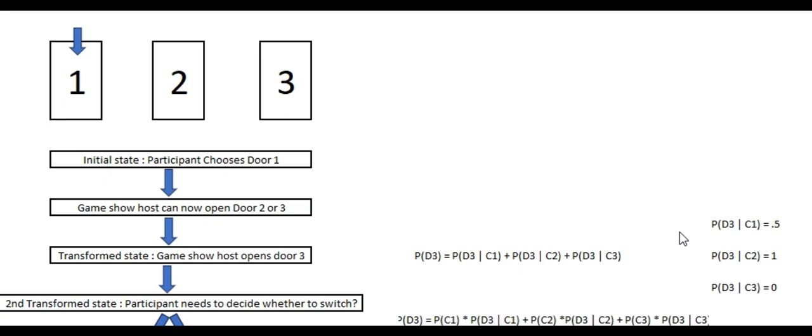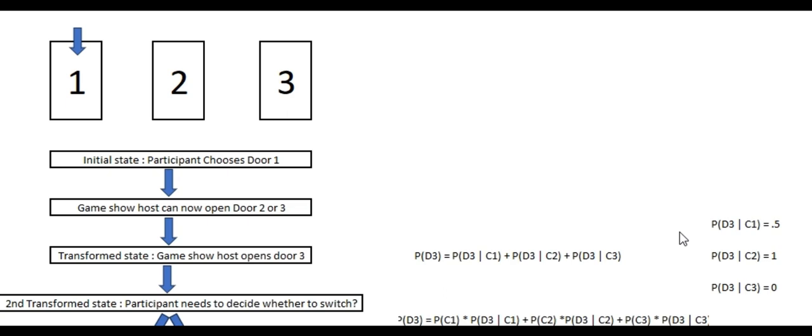Now, if you add these probabilities in the summation, you will find that the composite probability of P of D3 exceeds 1. It is actually 1.5. But there's a problem here. The problem is we haven't factored the probability of finding the car behind either door 1 or door 2 or door 3.